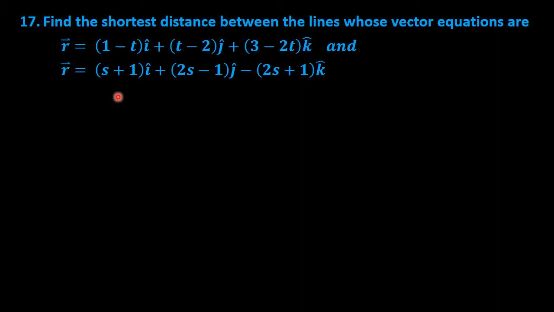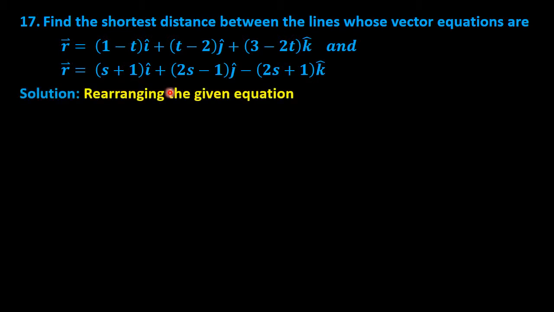So in order to arrange this equation in the standard form, first we open the bracket and the three terms we get from the first equation of the line contain t, and we take t common from those three terms. Similarly, from the second equation of the line, we first open the bracket, and from there also we get the three terms containing s, and then we take s common from those three terms.